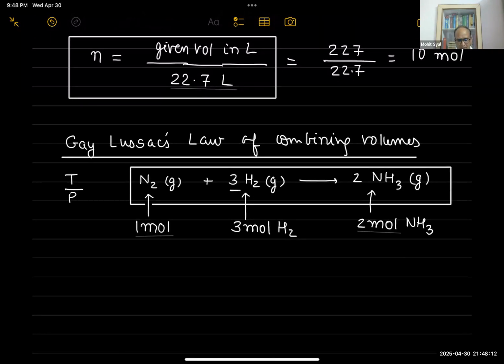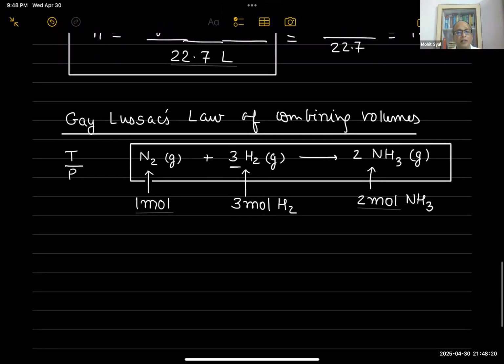So when the gases react, the reaction is as per the balanced chemical equation. You have the coefficients which represent the moles of each gas. Because they are gases, they are taken in volumes. So volume is directly proportional to mole.